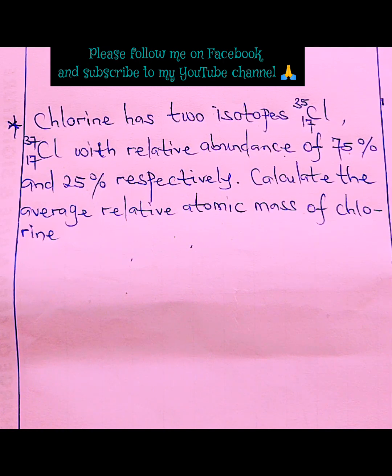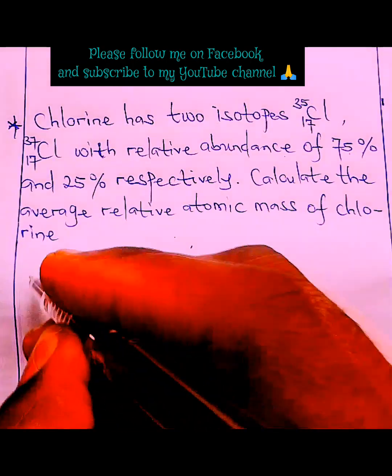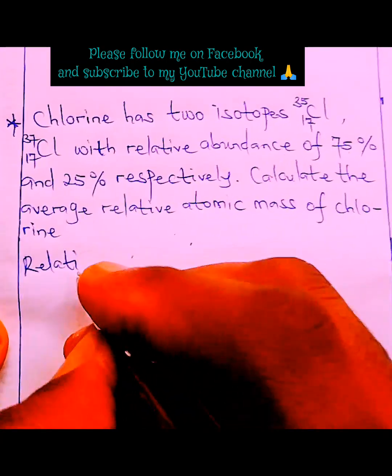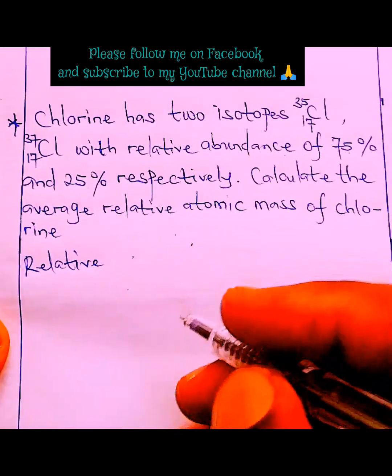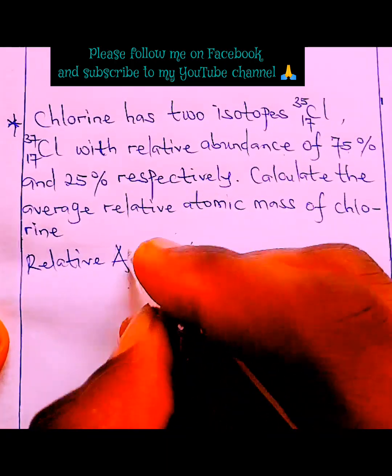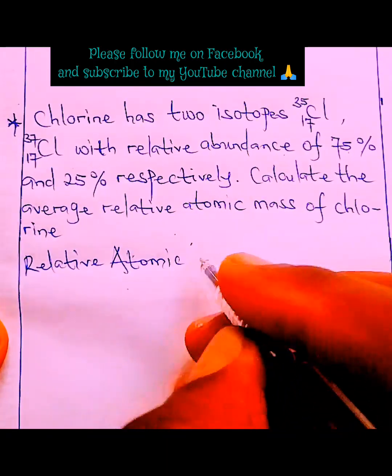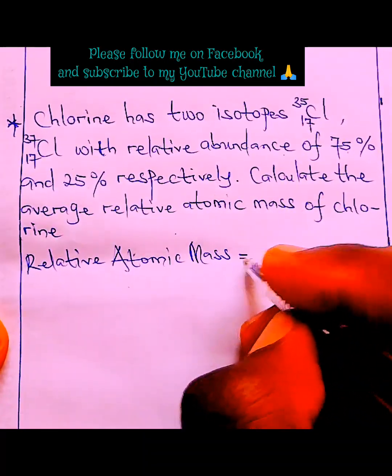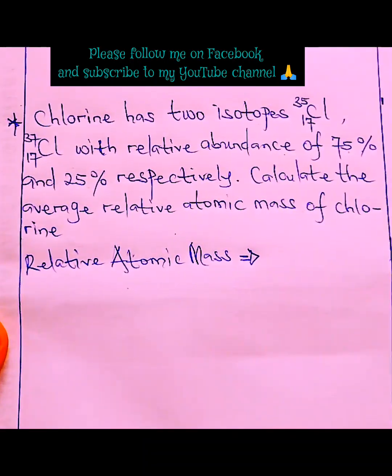Now, how do we get the relative atomic mass unit for this given element chlorine using the relative abundance? Don't forget, a formula was given in our previous lesson, and that's why you have to go to that lesson. So for us to get the average relative atomic mass for a given element, what we have to do is very simple.